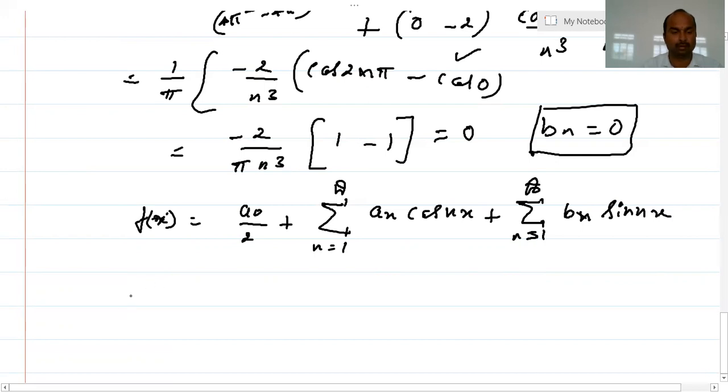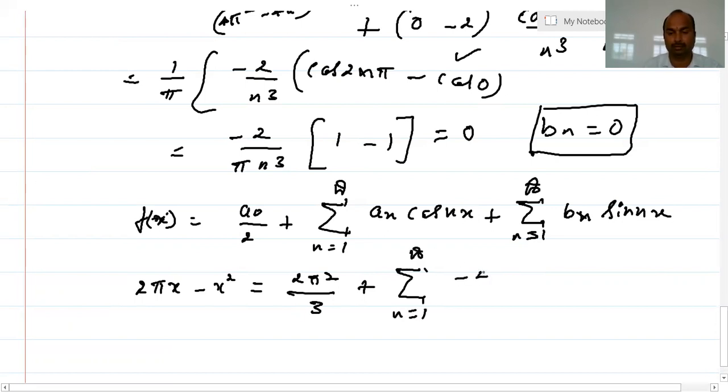So now what is f of x? It is 2 pi x minus x square. So a naught by 2 is 2 pi square by 3 plus summation n equals 1 to infinity, an is minus 4 by n square into cos nx, and the third term will be 0.